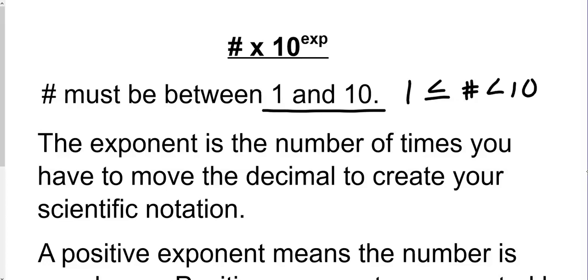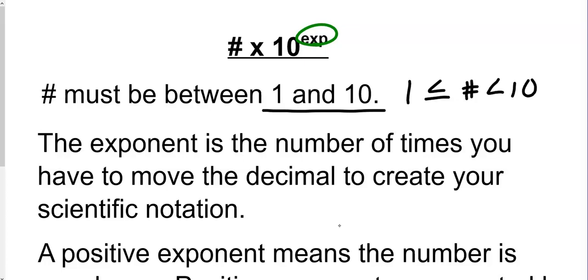Now, just a little bit about your exponent because that's where everything kind of revolves around this guy. So the exponent is the number of times you have to move the decimal to create your scientific notation. The reason why we talk about this exponent is because there are numbers that are too large for our calculators to handle. There are also numbers that are too small for our calculators to handle. As wonderful as our graphing calculators are, there are just numbers that are too big and too small for it to be able to show you every possible value.